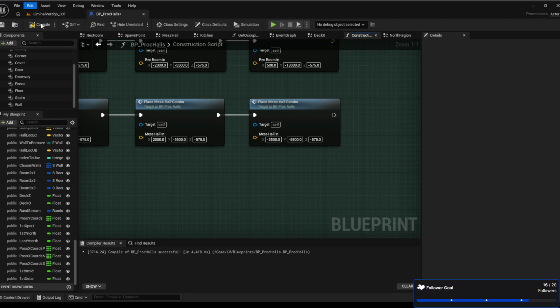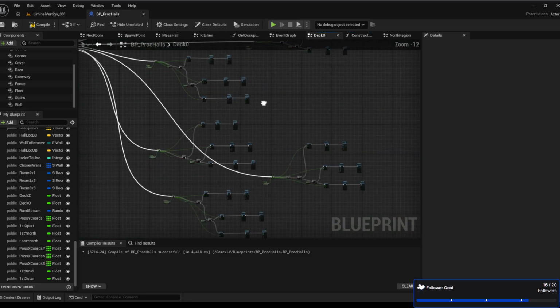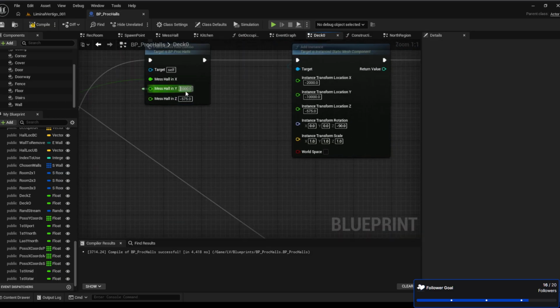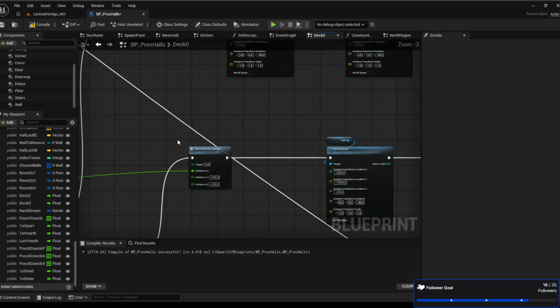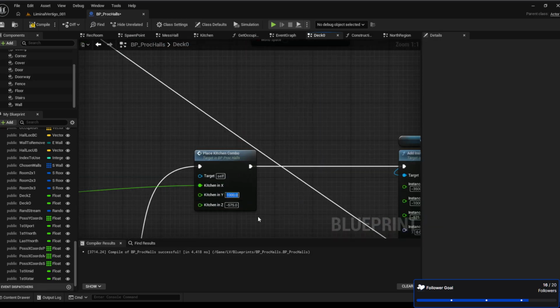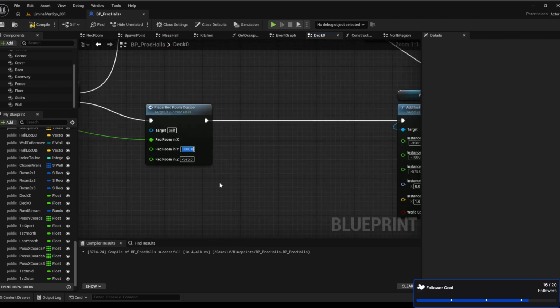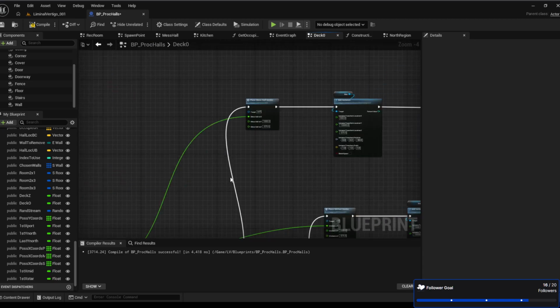Whoops. Copy. Alright, so for all of these down here, this will be negative 1,300. Paste. Paste. Paste. Then back up here.